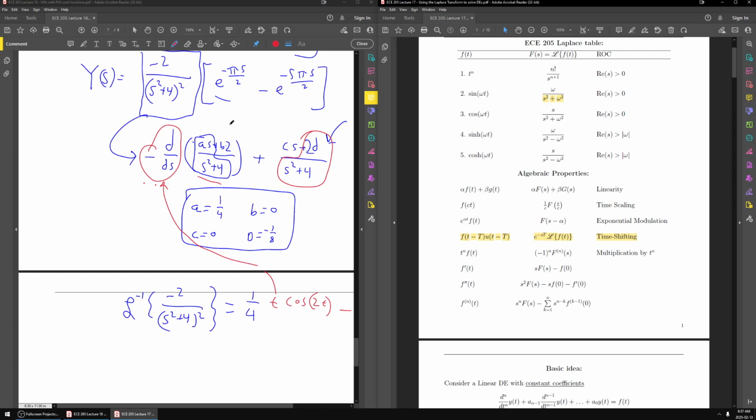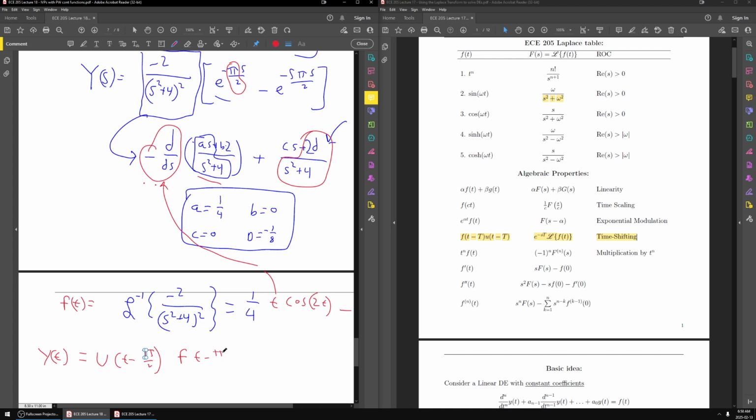For this e to the negative pi over s, my little y of t, it's outside my Laplace transform, so when I go here, I'm going to get a Heaviside of t minus my capital T being pi over 2, so this minus pi over 2, times the Laplace transform, so it'll be this whole thing. I'm just going to call this f of t, so I don't have to write it out 3 times. So this whole thing, but it's going to be evaluated at t minus pi over 2.